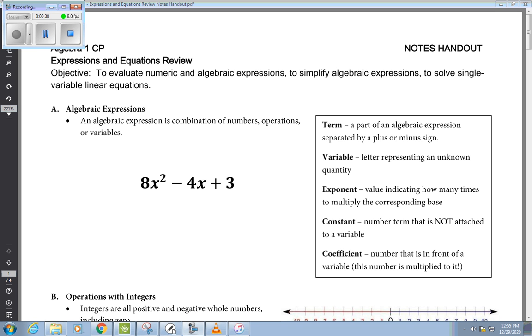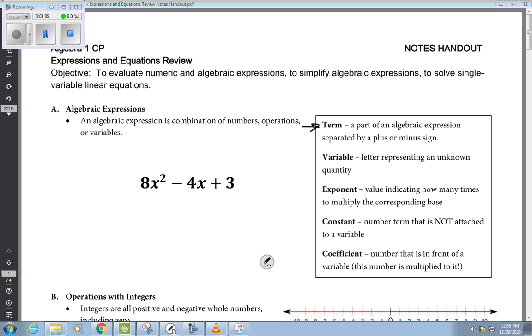So again, today we're going to look at evaluating expressions, simplifying expressions, and solving equations, all of which we did in the first semester. So let's start with algebraic expressions. Of course, when you have an algebraic expression, it's a combination of numbers, operations, variables. It's made up of 5 particular parts.